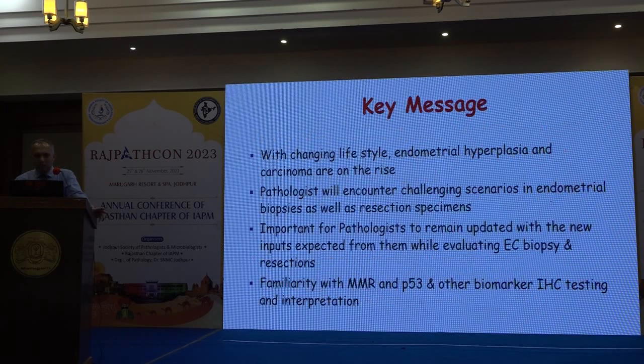So this gives better management for the patient, and with changing lifestyles, hyperplasias and carcinomas are on the rise, and pathologists will encounter challenging scenarios in endometrial biopsies as well as resection specimens. It's important for all of us to be updated with the new inputs expected from us while evaluating carcinomas and resections. Familiarity with all the surrogate biomarkers which we are using is very important. We should not misinterpret them.